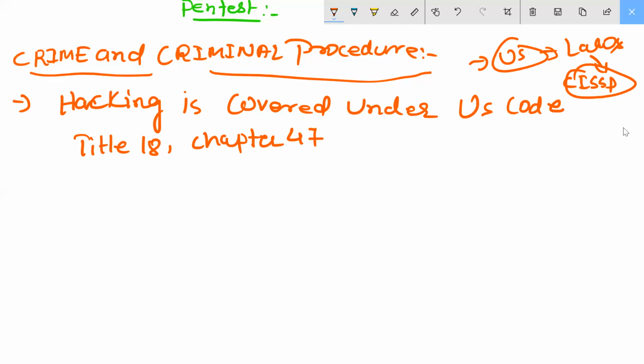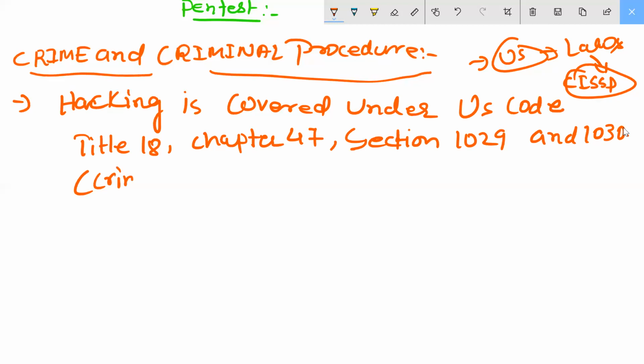Section is our 1029 and 1030. These are the two sections giving you the crimes and criminal procedure. Questions will be asked on 1029 and 1030, and the title will be 18.